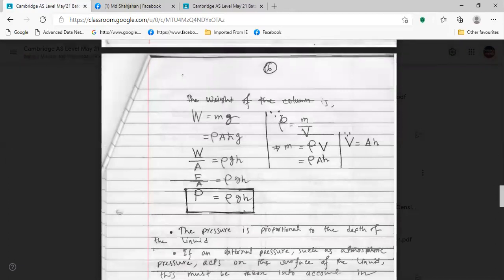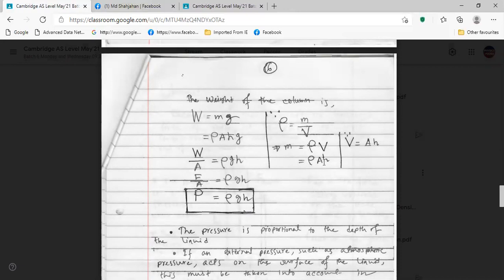If you rearrange the relationship of mass, volume and density, it comes m equals rho V, density times volume, right? And here volume is the volume of the liquid column, area multiplied by height.